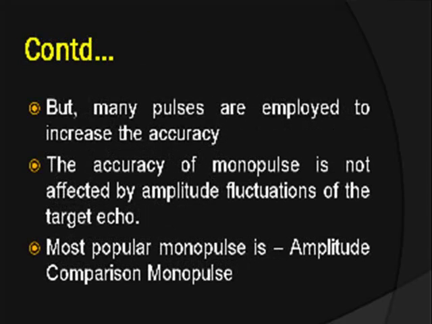But many pulses are employed to increase the accuracy. The accuracy is not affected by amplitude fluctuations of target echo. Out of the several types possible, the most popular monopulse is amplitude comparison monopulse.